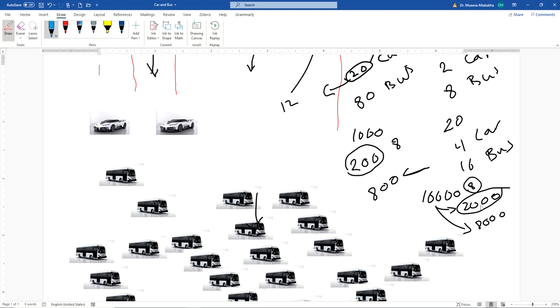See now how the elimination every hour is: I have 8,000 going by buses and only 8 going by cars. So after some time I can consider this as non-existent. It has no effect on the rate of elimination, right? So if I put whatever number here, a very large number, this will no longer have an effect on the elimination rate and only the buses are responsible for the elimination.